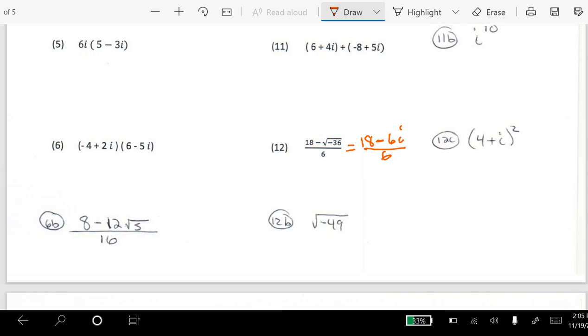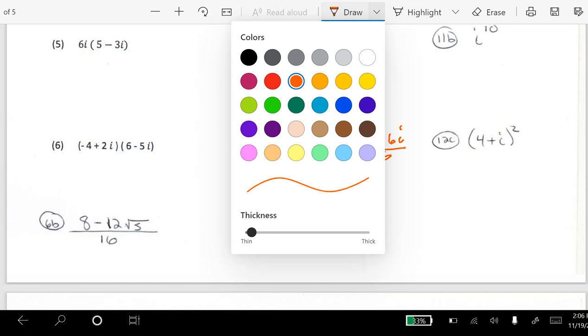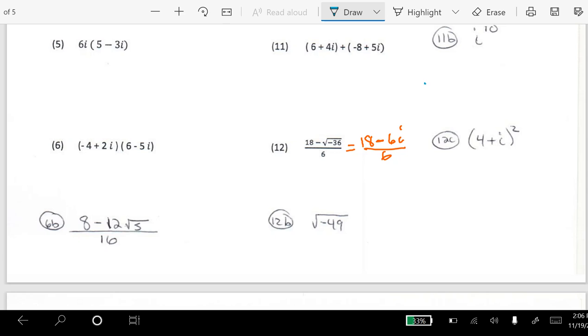So 6 goes into 18, it goes into 6, etc. So I can reduce this. So in the end, that's going to be 3 because 18 divided by 6 is 3. This is going to be 1, and this is going to be 1. So my final answer is going to be 3 minus i because there's no need in putting the 1 in the denominator there.